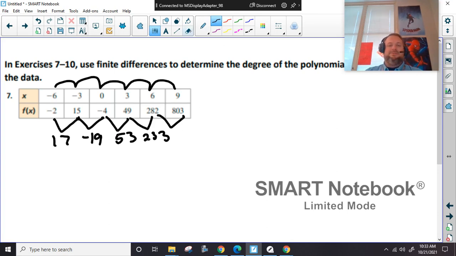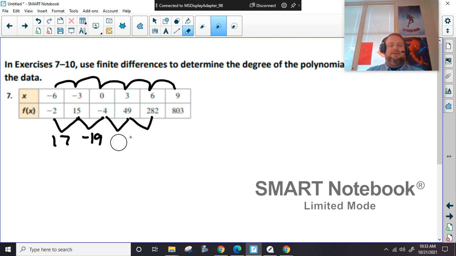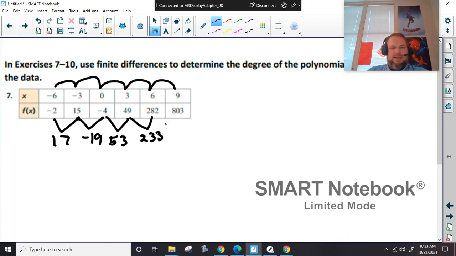Listen, I thought it was kind of odd because I was sitting here and I was doing this yesterday, and I was like, okay, like that example we just did. And this was 233, and this one is 521.